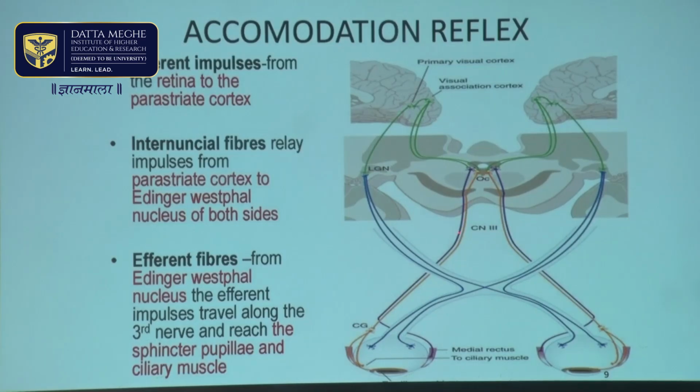The impulses again come back to the eye, and here is the synapse in the ciliary ganglion. From the ciliary ganglion, postganglionic nerve fibers go to supply the ciliary muscle. So, this whole is the accommodation reflex. The afferent is the optic nerve and the efferent is the oculomotor nerve.